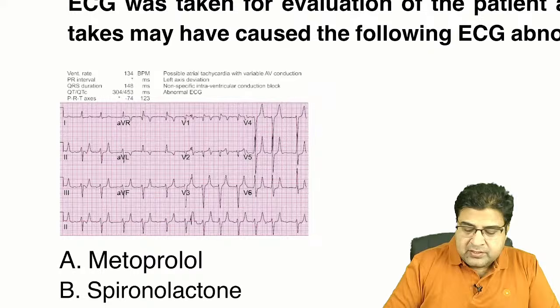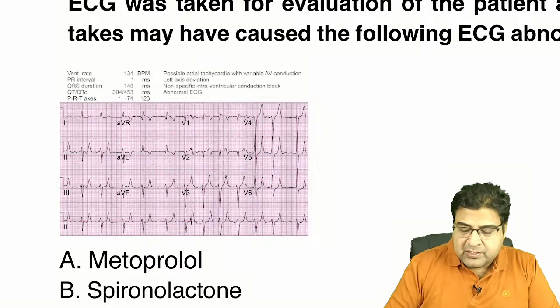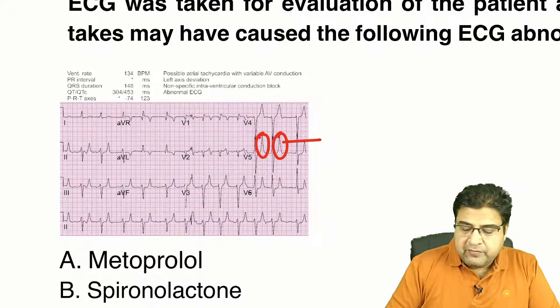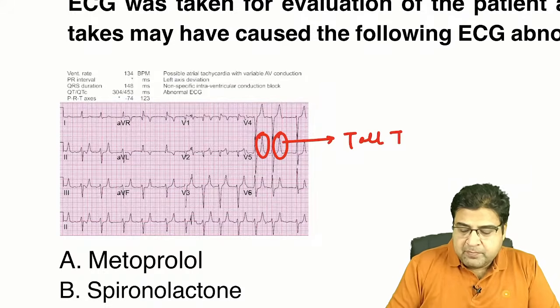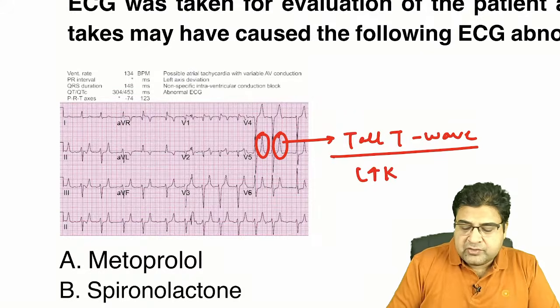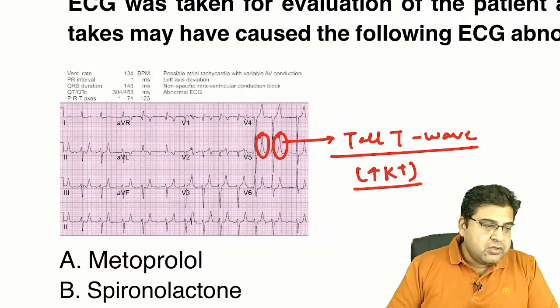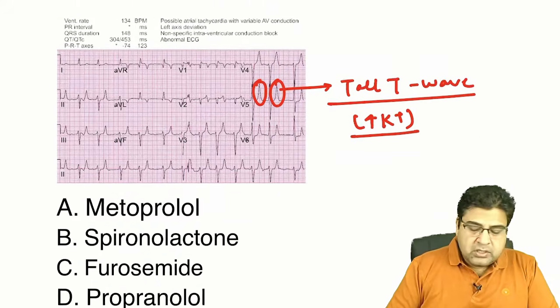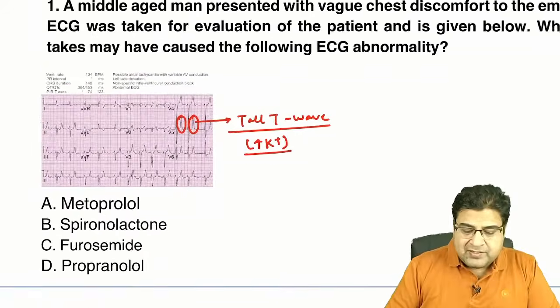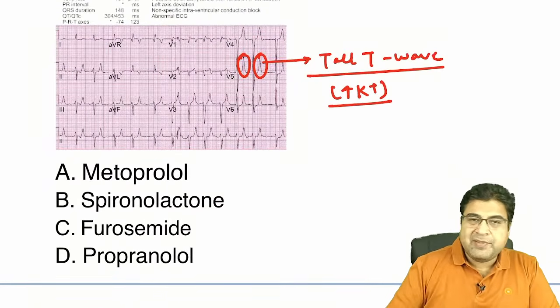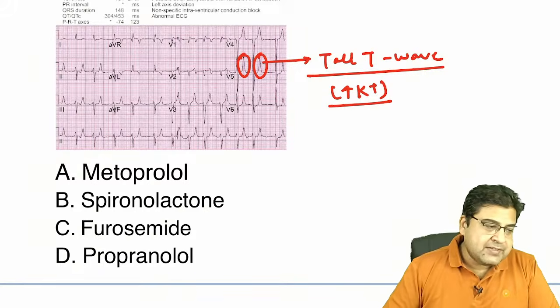In this ECG, the patient will have tall T waves, and tall T wave is a characteristic of hyperkalemia. So the question is which medicine can cause hyperkalemia as a side effect.